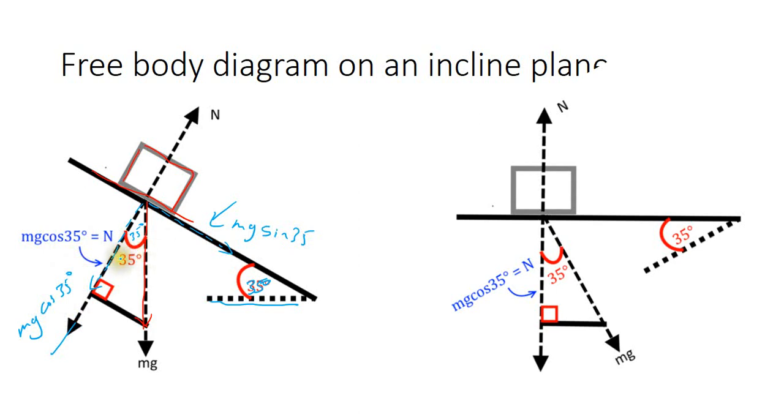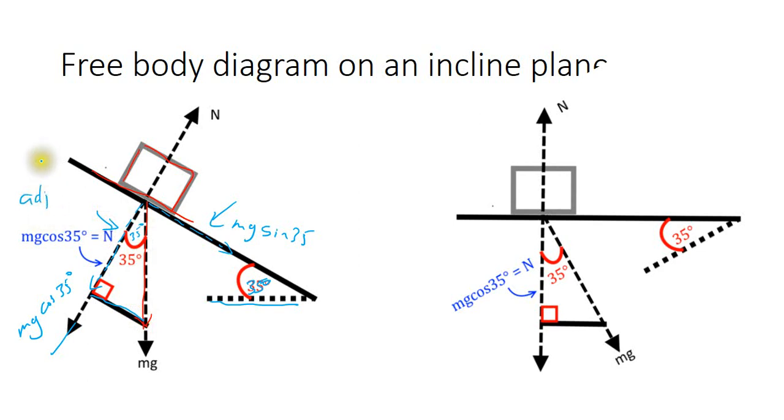Why we say 35 is because we formed a right angle triangle at this very moment. Looking at our right angle triangle, the angle 35 is adjacent to this side.